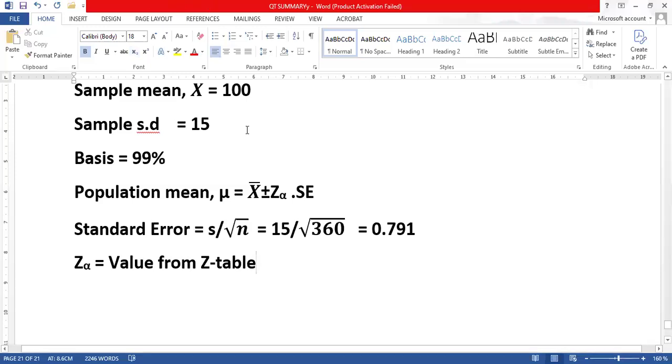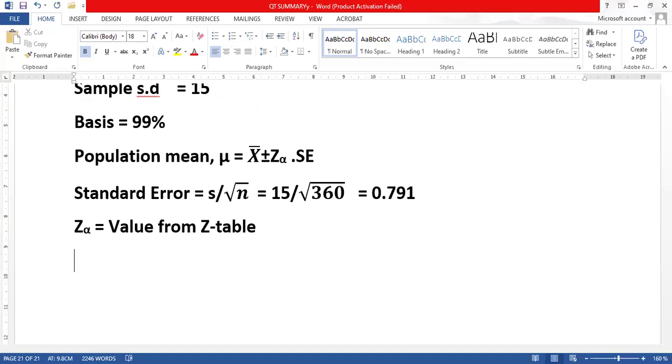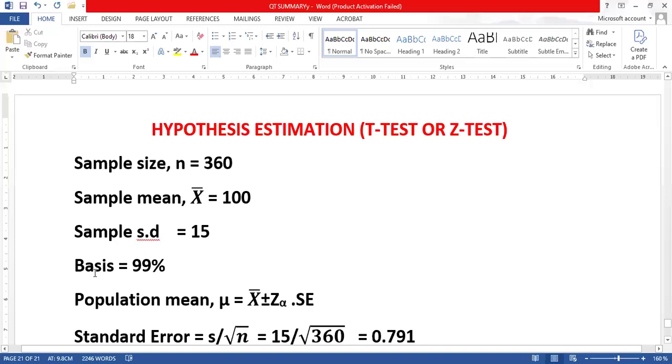How do we get this? Now, whenever you are dealing with estimation, what percentage did we have in this question? What was our basis? 99%. The basis was 99.